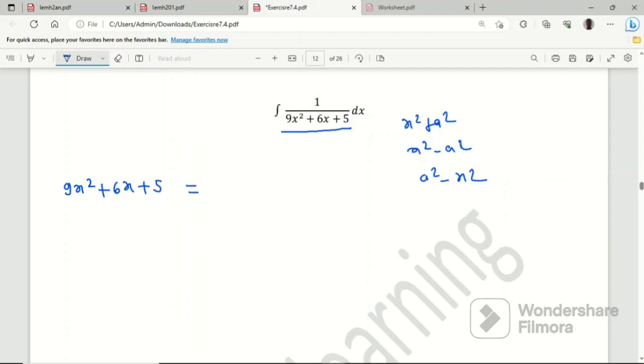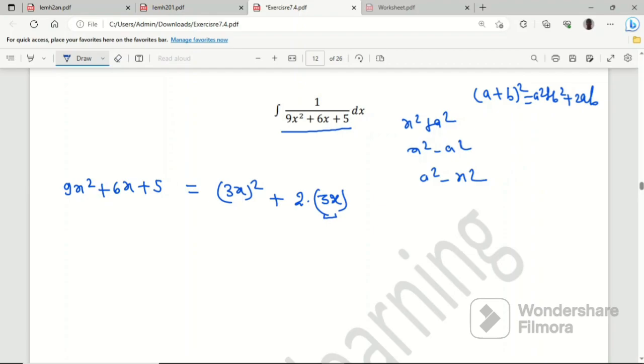So we can write a square. I'm using the formula a plus b whole square as a square plus b square plus 2ab. So a square plus, always write first 2 into a into b. What to take as b? 2 into 3x, this is a.